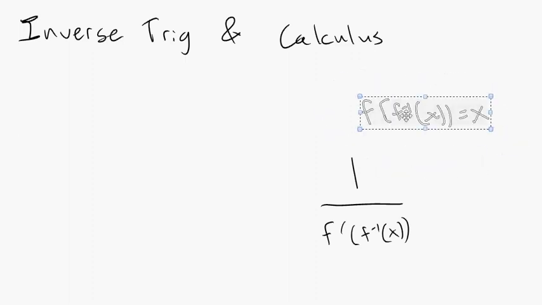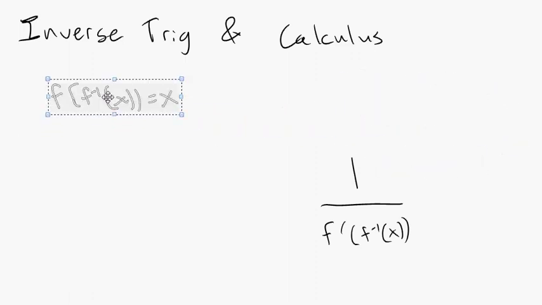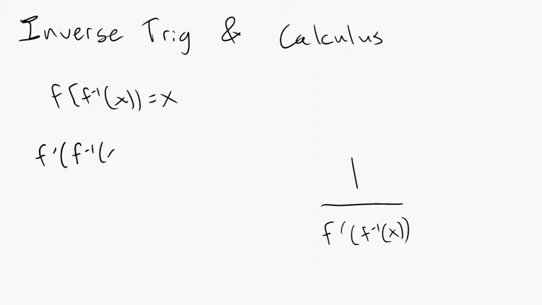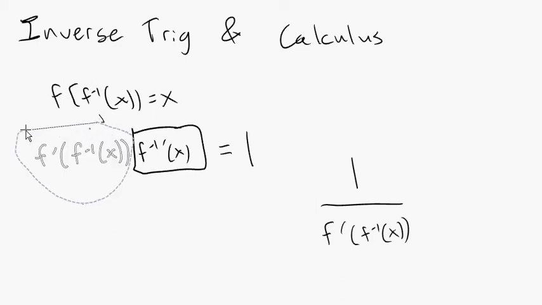Let's take this and let's derive both sides. So f prime of f inverse of x, and then we have to multiply by the derivative of the inside, times f inverse prime of x, and this guy's what we're looking for. This is what we're trying to solve for, equals the derivative of x, so that's just 1. So then since we're trying to solve for f inverse prime of x, let's divide both sides by this.